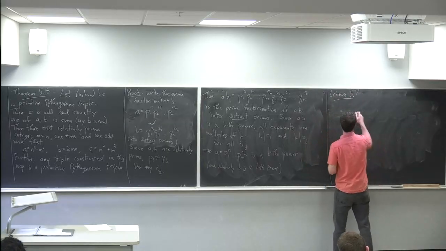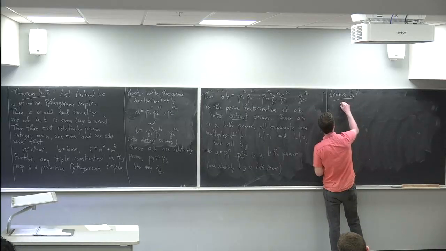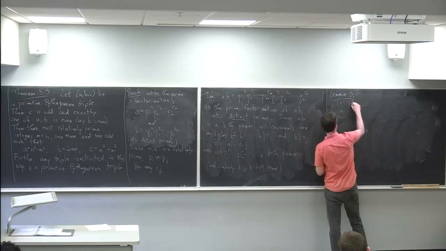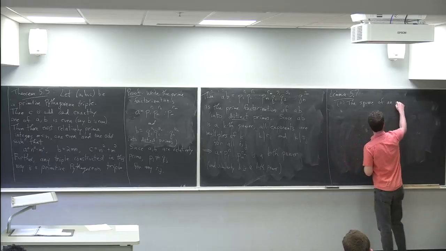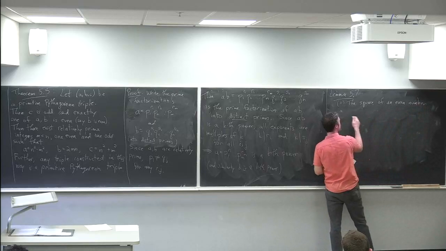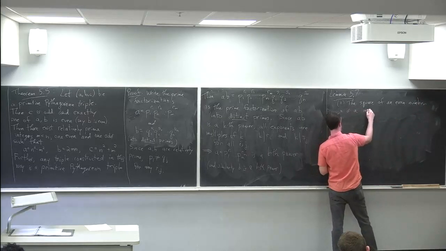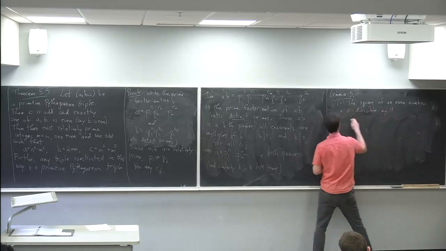So this is sort of two facts, first of which is stated as two things. The square of an even number is always divisible by 4. Okay, that'll be really easy to see.